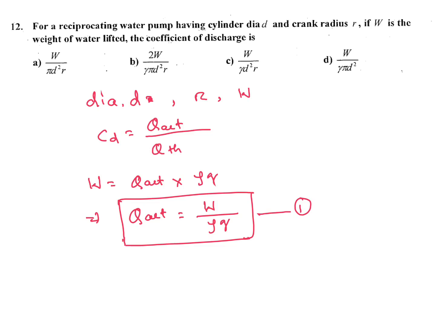And theoretical discharge is QT. It's volume flow rate, area into length of stroke. So area is pi by 4 bore dia square into length of stroke, which is 2 into crank radius.